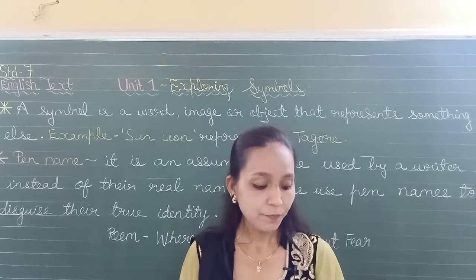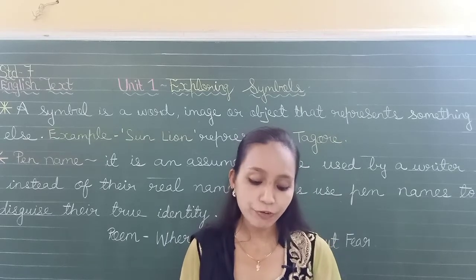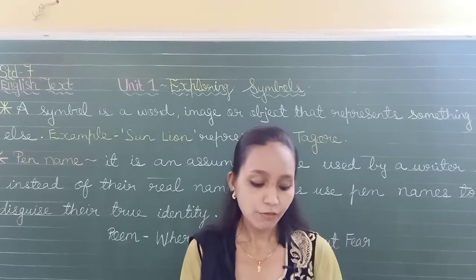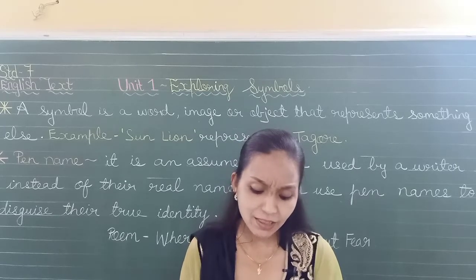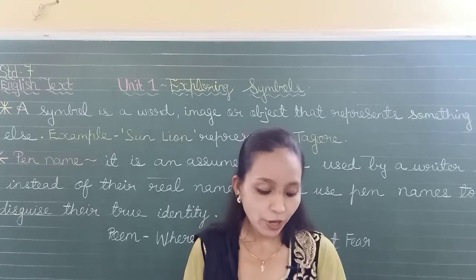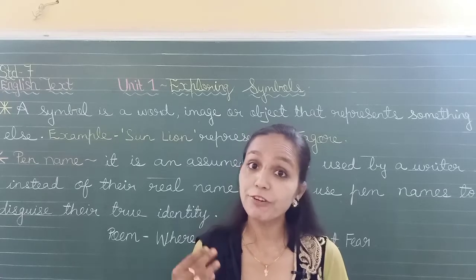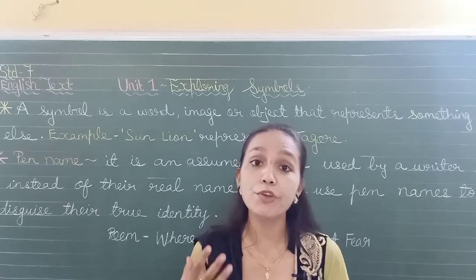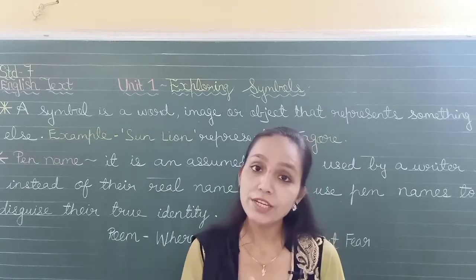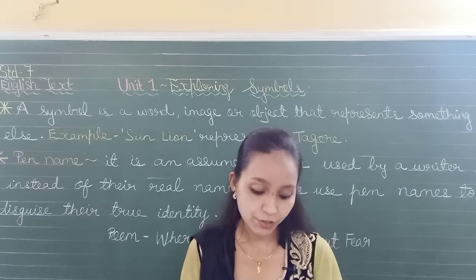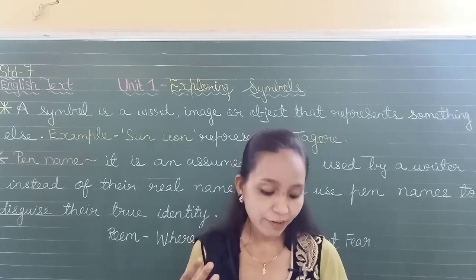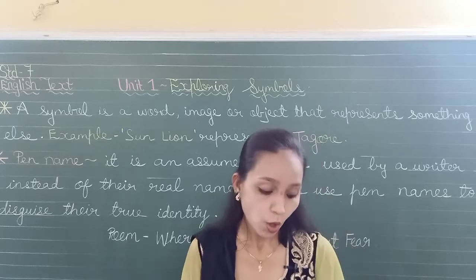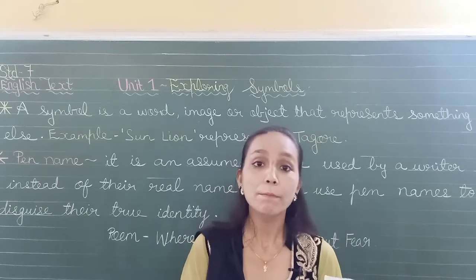And the last line: into that heaven of freedom, my Father, let my country awake. In the final line, the poet addresses God as Father. What is he saying? My Father, let my country awake. Over here, the poet is referring to God as Father, and he is asking him to awaken his country into such a heaven of freedom where the above conditions meet.